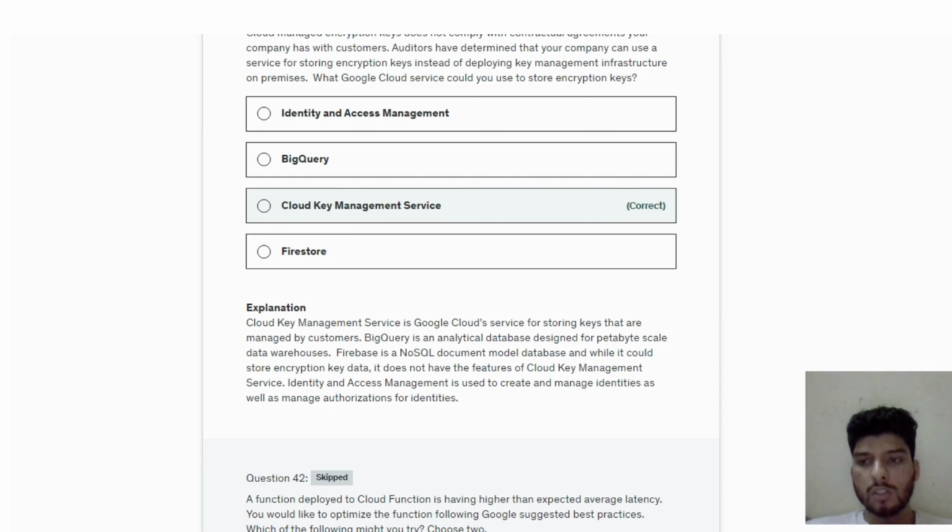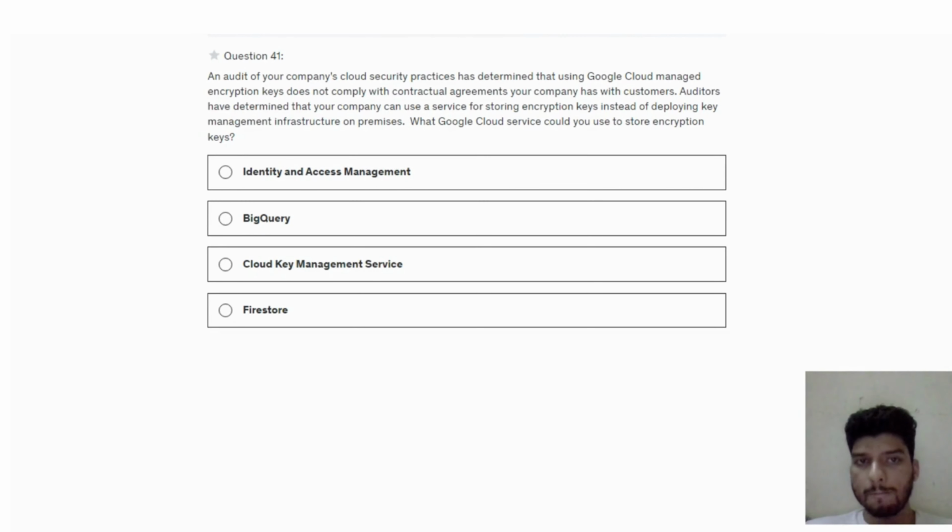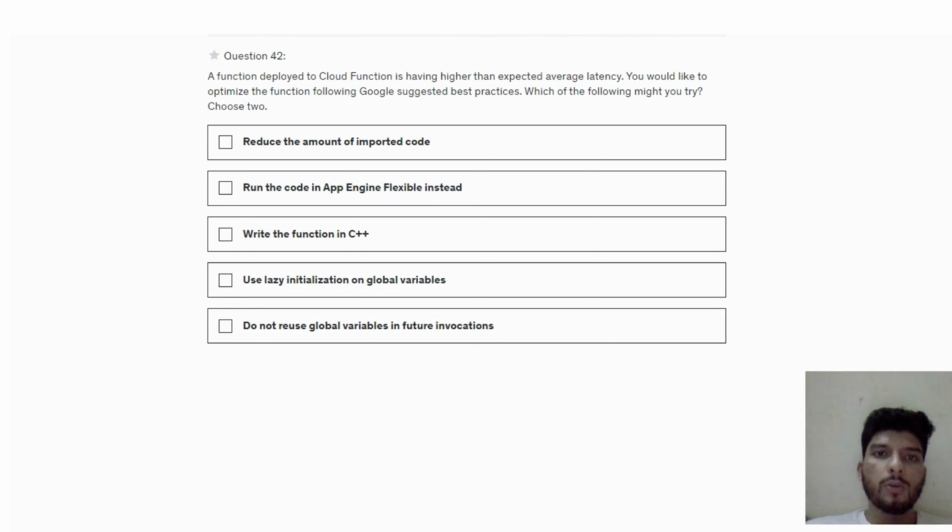So moving ahead to question 42. A function deployed to Cloud Functions is having higher than expected average latency. You would like to optimize the function following Google suggested best practices. Which of the following might you try? So here you have to select two options from the below five options.